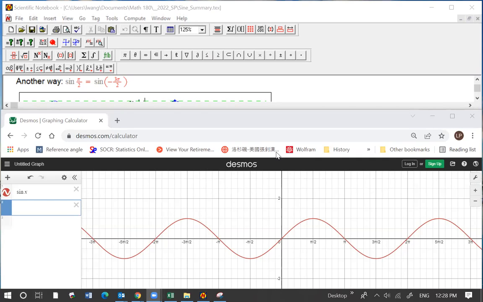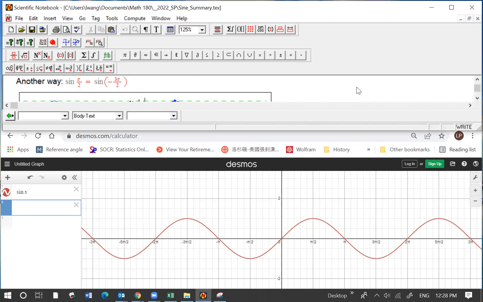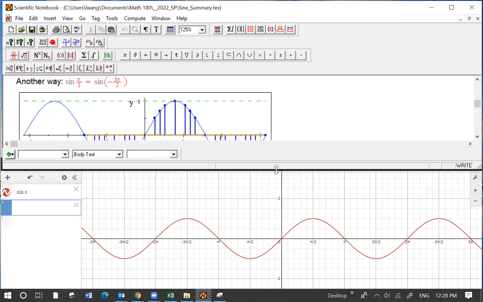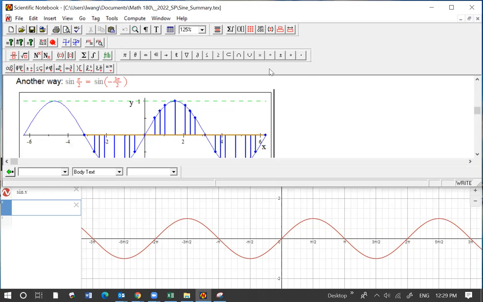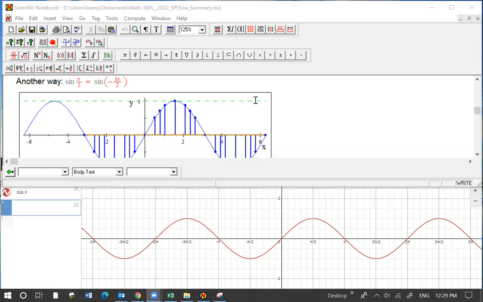Does that work? Do we see both pictures? I hope so. Do we see both pictures? No, let's see it again. Okay, stop share and share screen. There, it works.